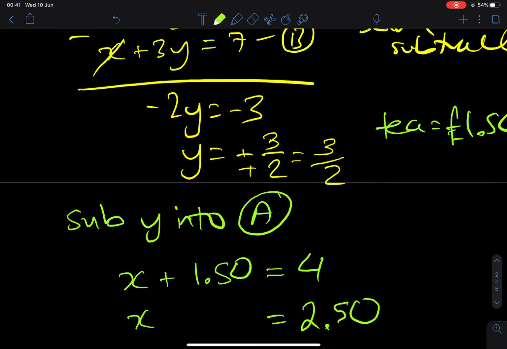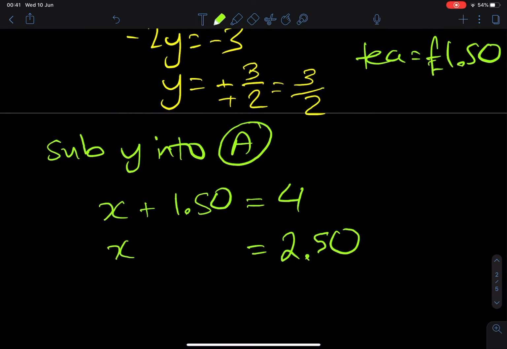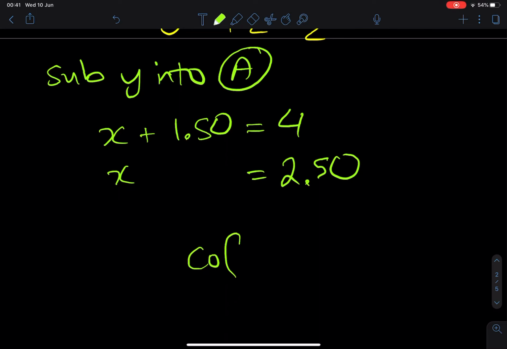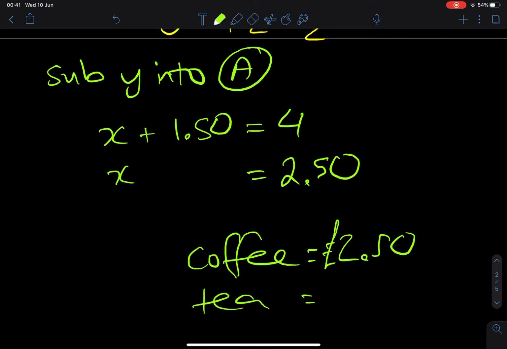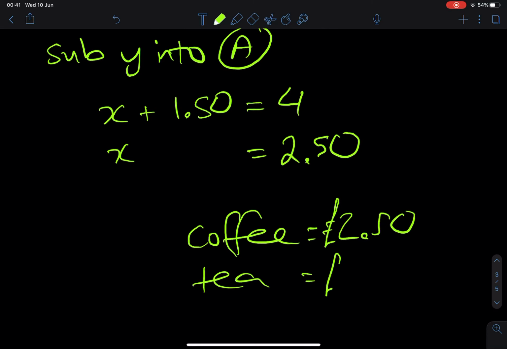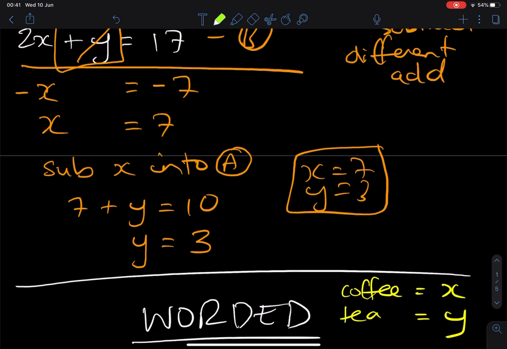So x, which is a coffee, is £2.50. So a coffee is £2.50 in this shop, and a tea is £1.50. So we've just applied simultaneous equations to a real life scenario, and hopefully you found that useful.